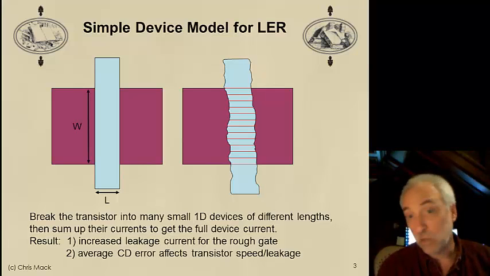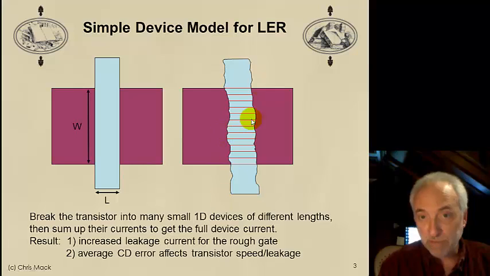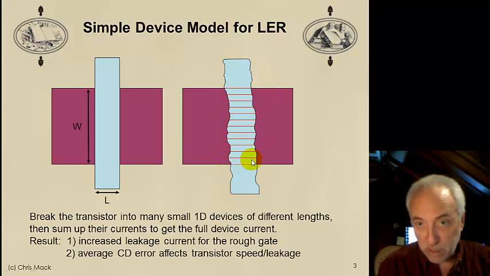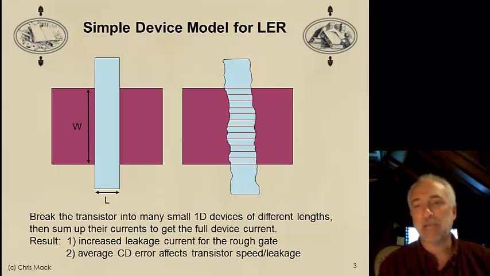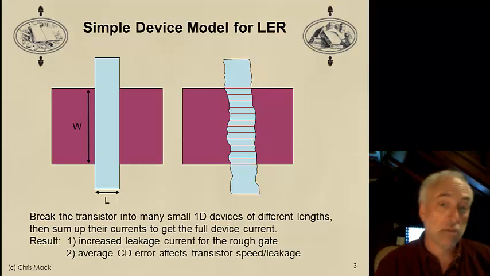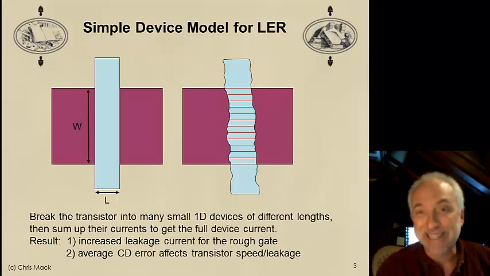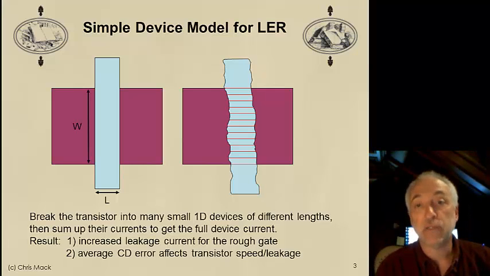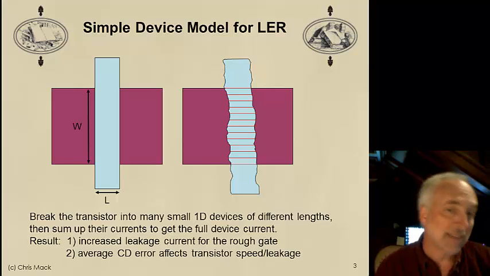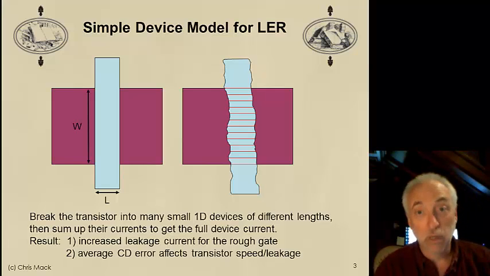But also, when I take this rough feature and I determine its average line width, the roughness means that sometimes the average line width is a little too big, and sometimes the average line width is a little too small. In other words, the roughness itself has the effect of causing an average line width error. And all the bad things that happen when we have line width errors will also happen here.